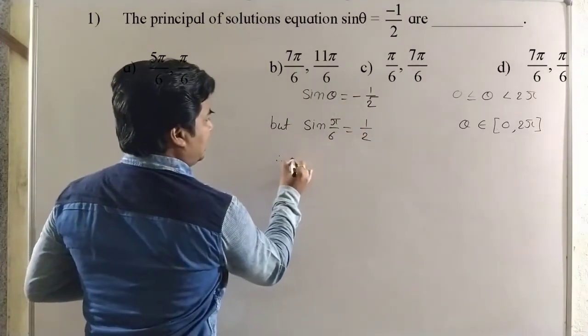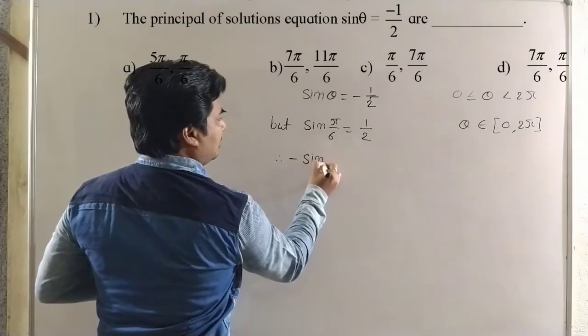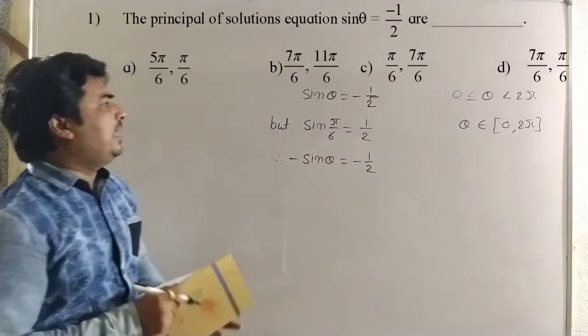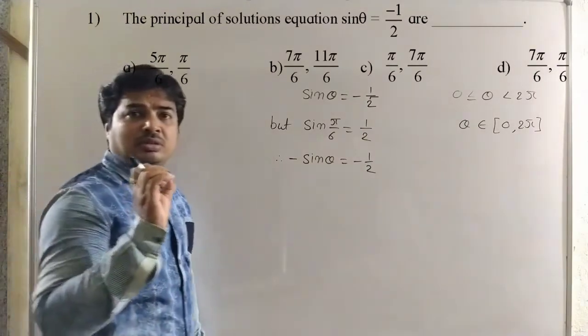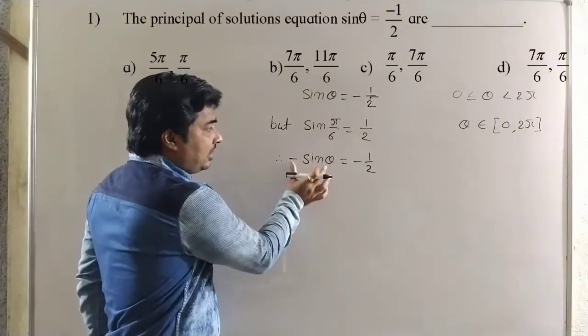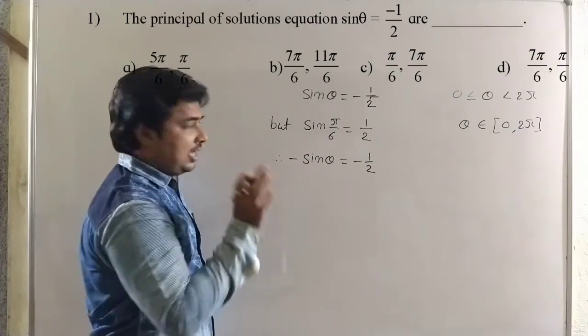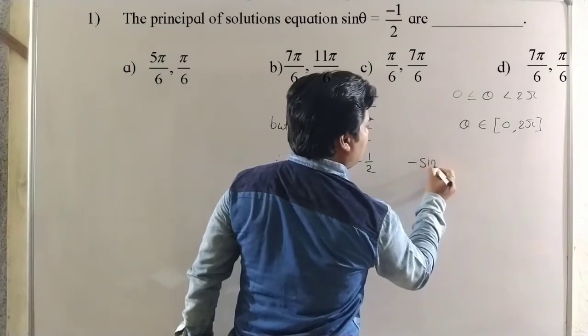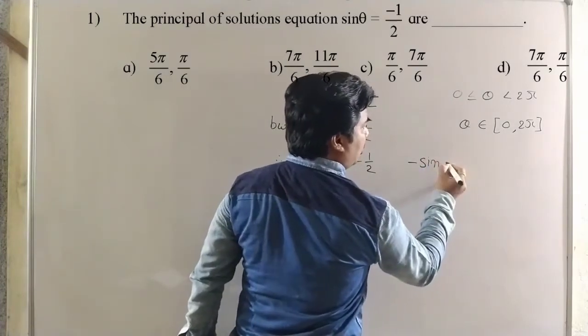Now we use the formula of allied angles: sine is negative in the third quadrant and the fourth quadrant.